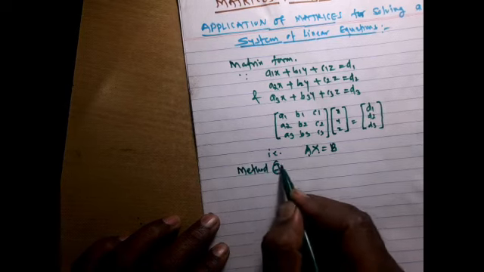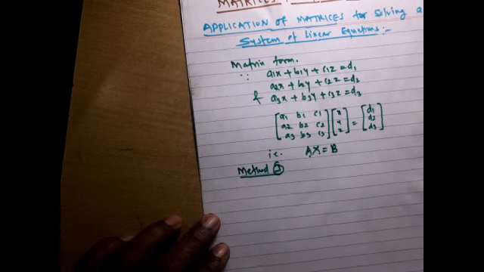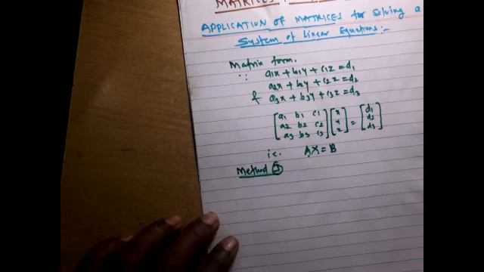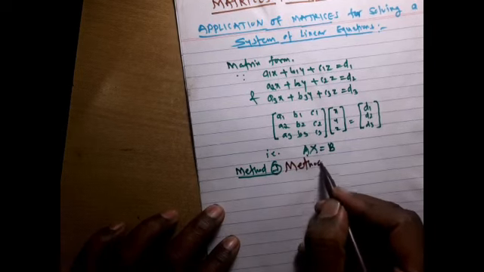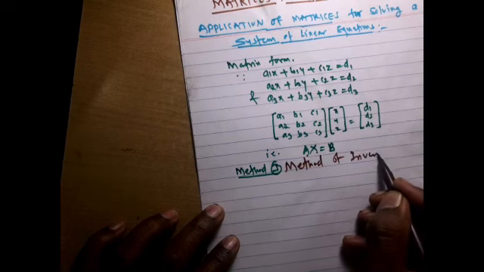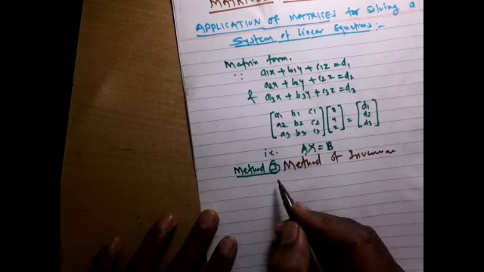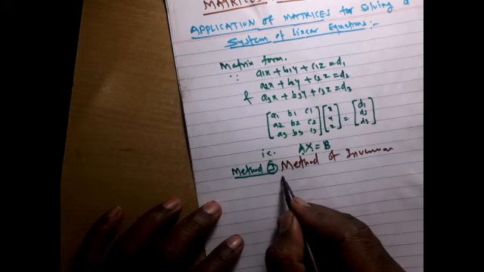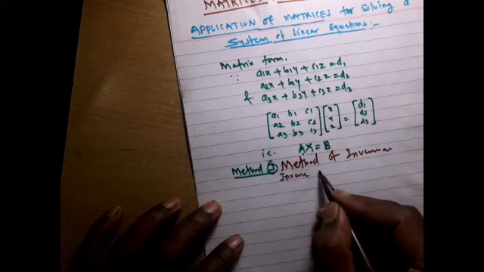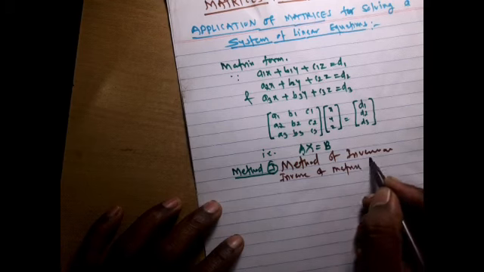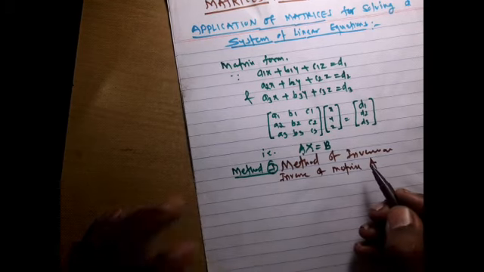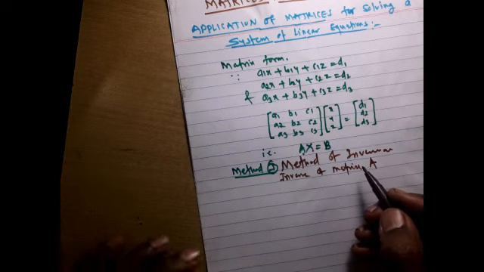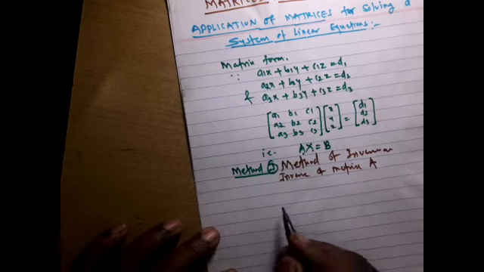Method number 1, that is called method of inversion. From the name of this method, we can guess that here we are going to use the inverse of a matrix. That is, here you are going to find inverse of matrix A, and this inverse you can find by using adjoint method or by elementary transformations.